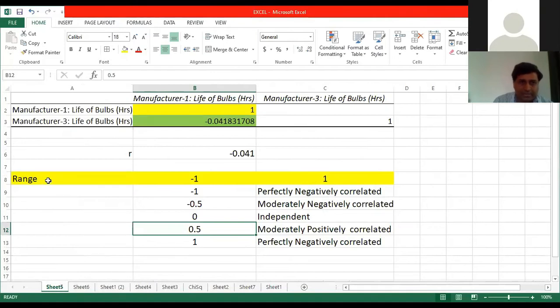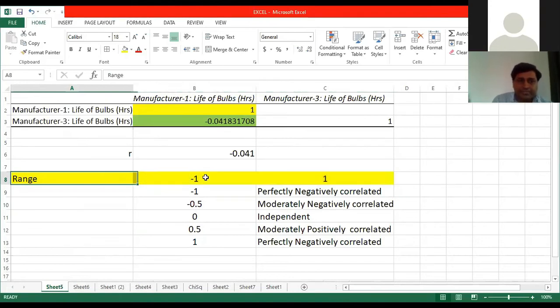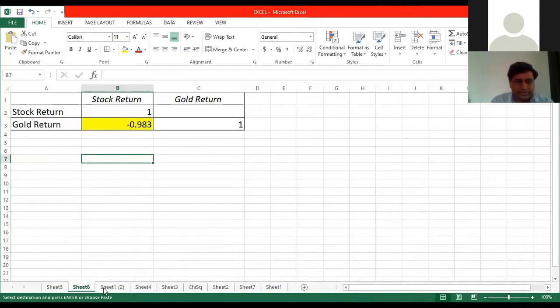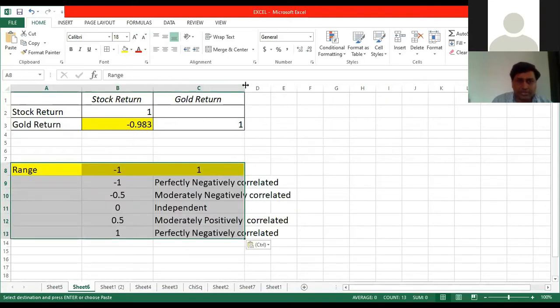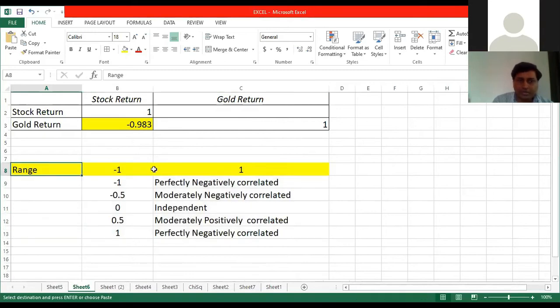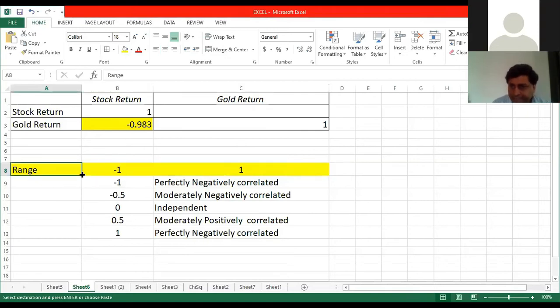Let me take the first range. This correlation is also called the correlation coefficient, and it may take these values. Let me put it here so that it is easier to look at. The correlation coefficient may have a range from -1 to +1. It can take any value between -1 and +1.